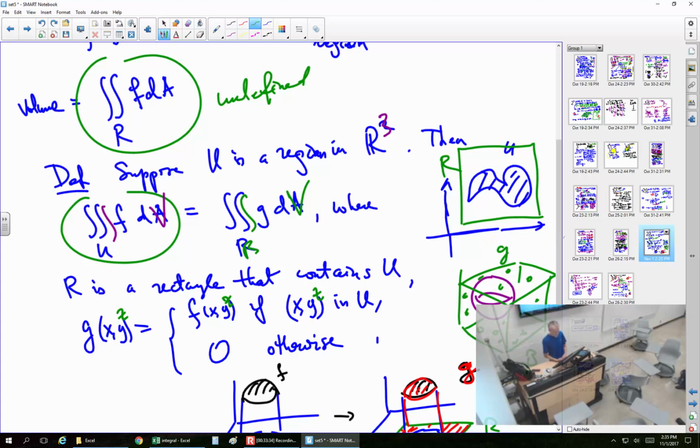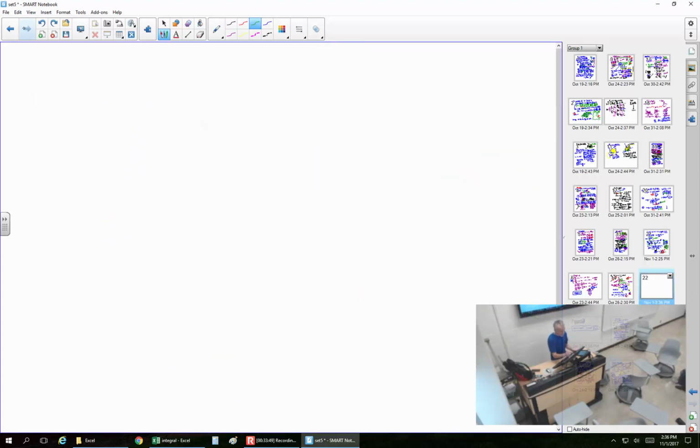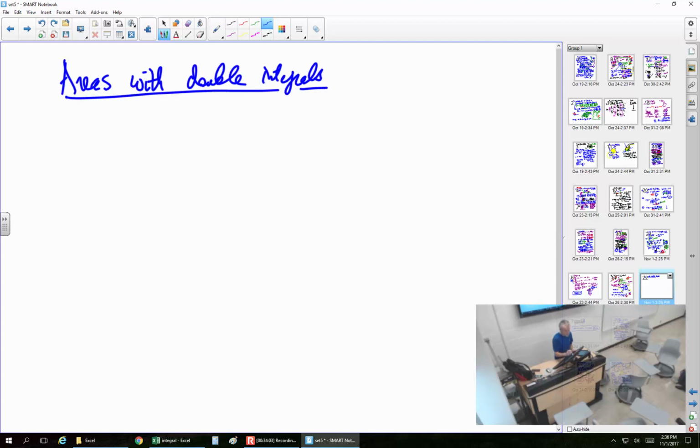Okay, so one really nice thing that comes out of it is the ability to use double integrals to handle areas properly. So we think we know how to handle areas, but really we did it in calculus 1. But the proper way to do it is to use double integrals, not single integrals.